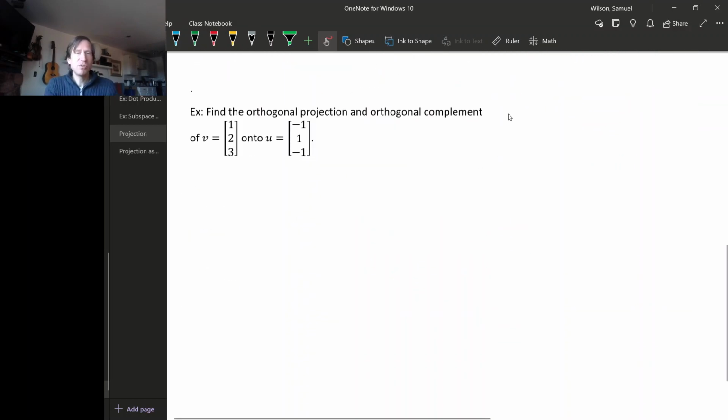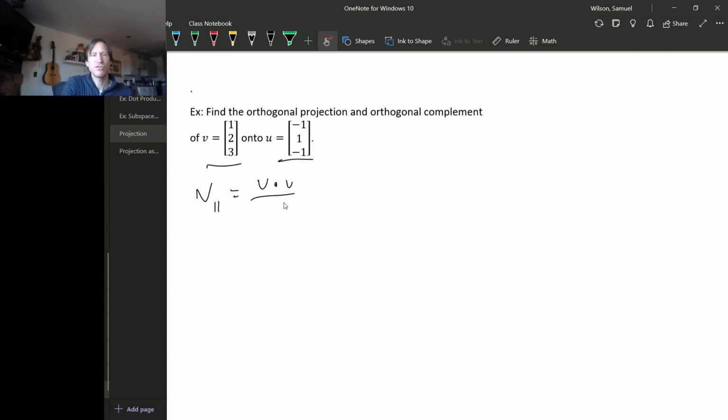Just as an example, let's find the orthogonal projection and complement of this vector v onto this vector u. So for the orthogonal projection, we just need v dot u over u dot u times u. And these are all straightforward to calculate, right? The nice thing about this formula is that even though this denominator is the magnitude of u, it's squared, and so we don't get any messy square roots.